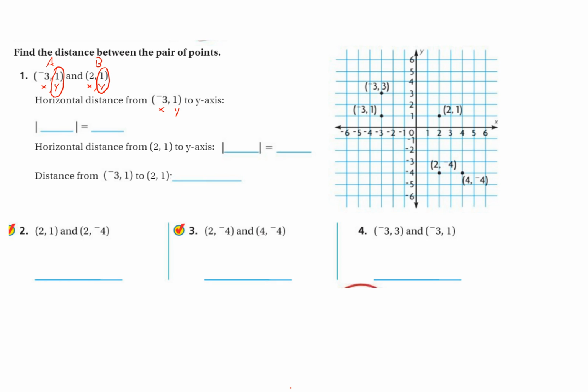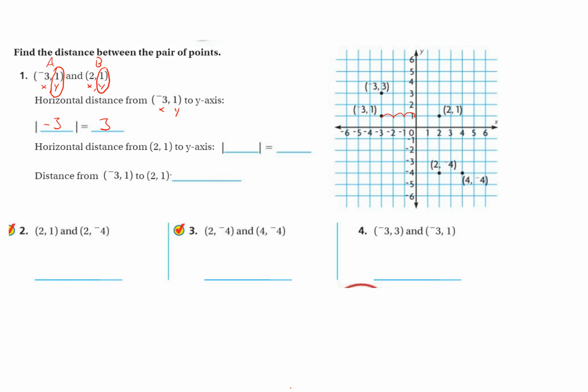So horizontal distance of -3, 1 to the y-axis. So this is 1, 2, 3. The absolute value of -3, it's 3 away from the y-axis.